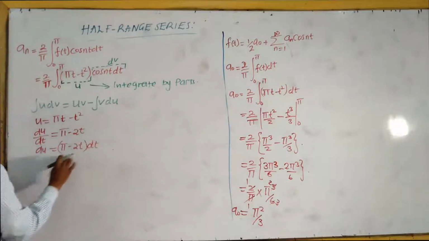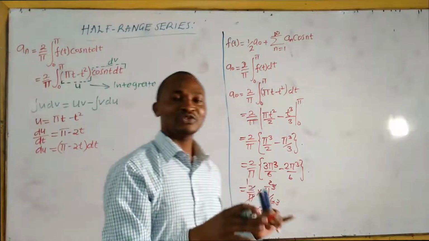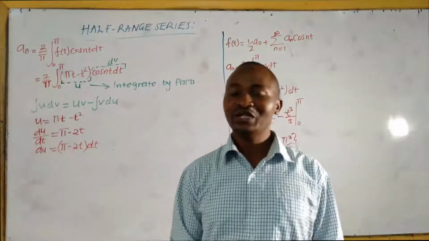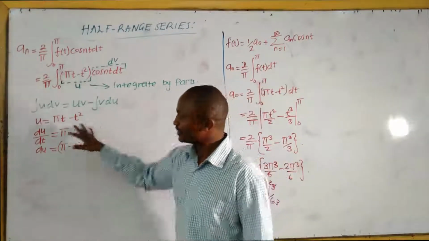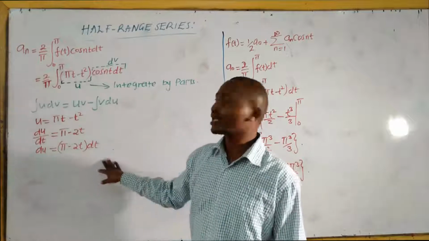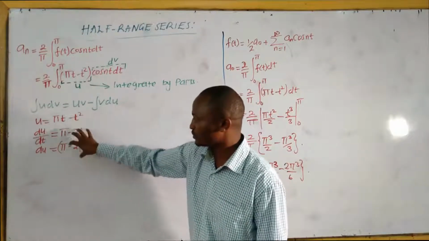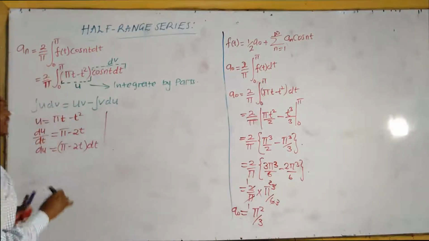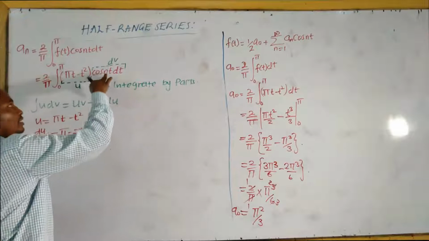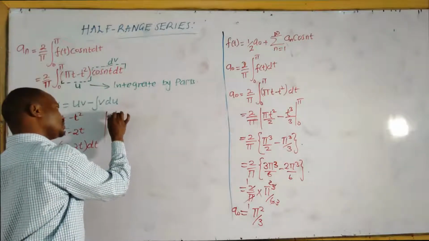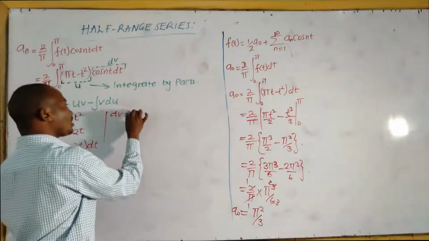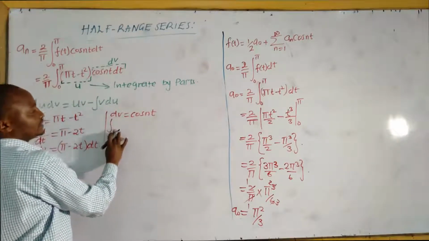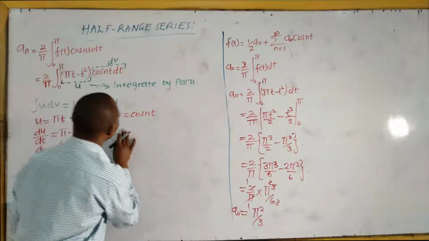When I'm teaching, a lot of students get confused here. They wonder, if we are doing integration, why are you telling us to do differentiation? But this is only a small step where you differentiate to get du. And here, dv is equal to cos nt dt.